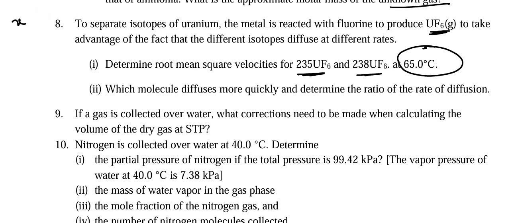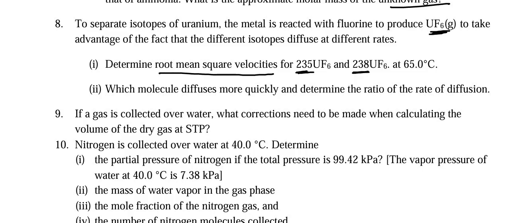So to differentiate the velocities here, the only way we're going to do so is by using these guys here. Use these as the molar masses, because that's the only time they will be different. Because if they say velocities, meaning we need to get 2 answers, but they both have the same molecular formula, which is UF6. So UF6 will give you the same answer, but then we're just saying use this and that to get different answers.